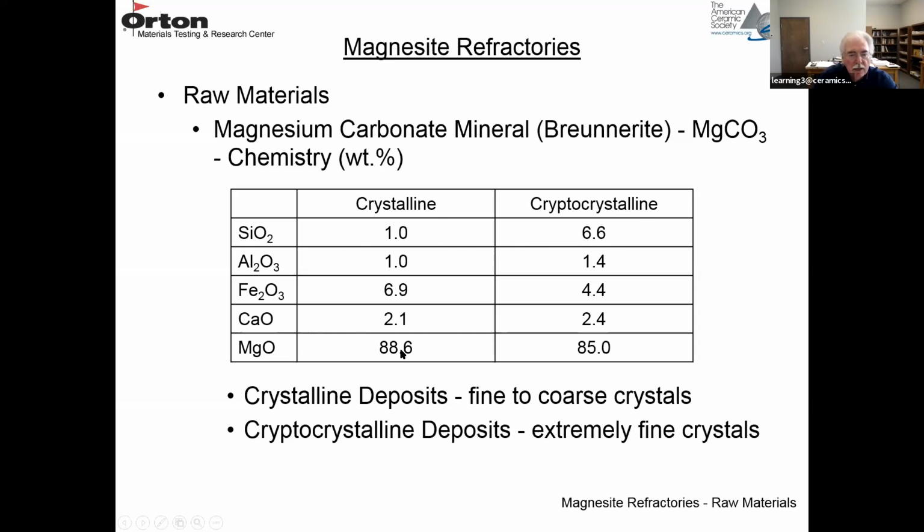This one is 88% MgO, and the finer crystal size is 85% MgO. The impurities are SiO2, Al2O3, Fe2O3, and CaO, and they're there in several percent, depending on which one. So they're about 85 to 88% pure.